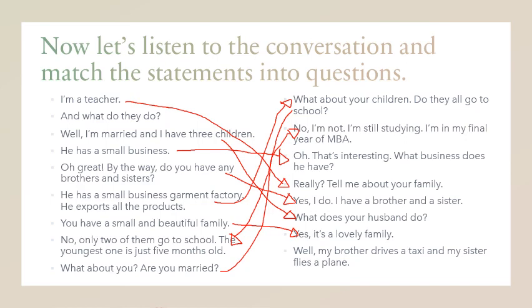Okay, so after the guy said that, yes, I do, I have a brother and a sister, the woman asked him again, right? So what did she ask? Okay, she asked, and what do they do? And the guy said, well, my brother drives a taxi and my sister flies a plane.